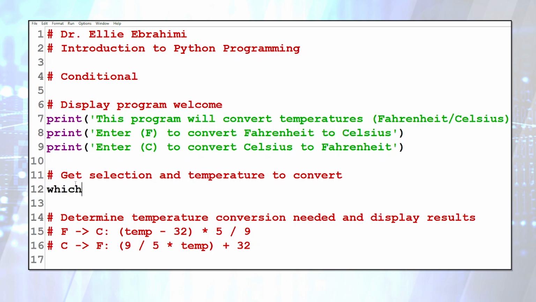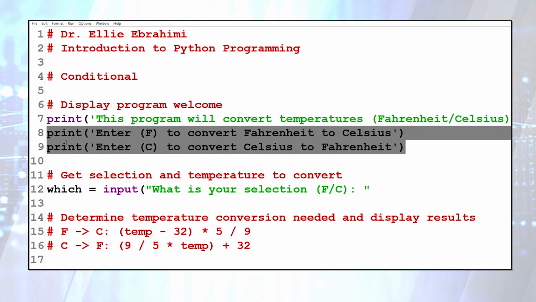I'm going to create this variable, which, or selection, or any other variable name that you want to pick. And I'm going to have an input: "What is your selection?" And in the parentheses, I'm going to put F, C, so they know it must be either F or C, and we also gave that information before.